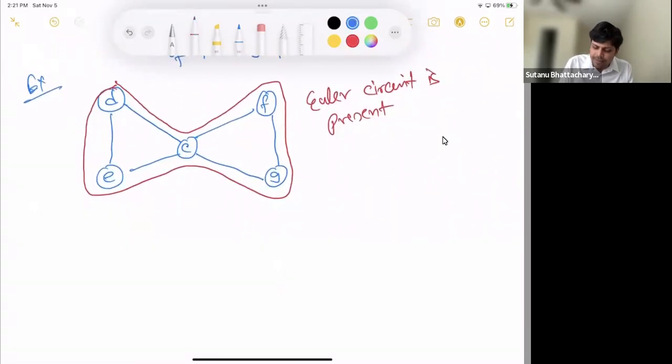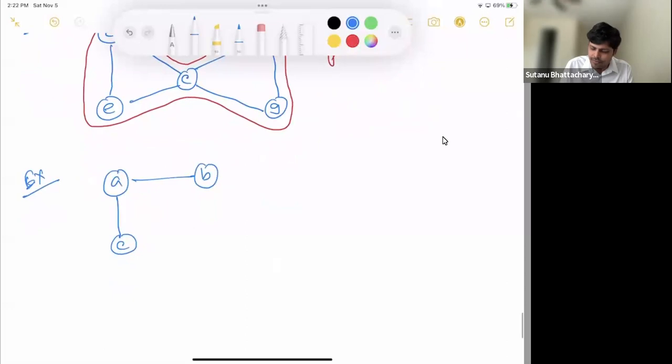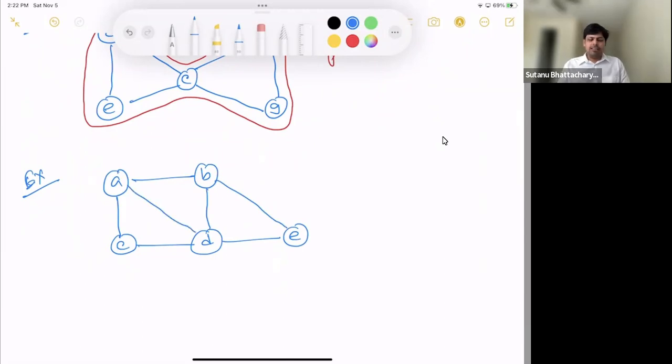Now take another example. Okay, this is one graph. You need to find whether there is any Euler circuit and Euler path. So let's see whether you can get any Euler circuit. Euler circuit means you will start from a point, you need to end your journey at that same point.